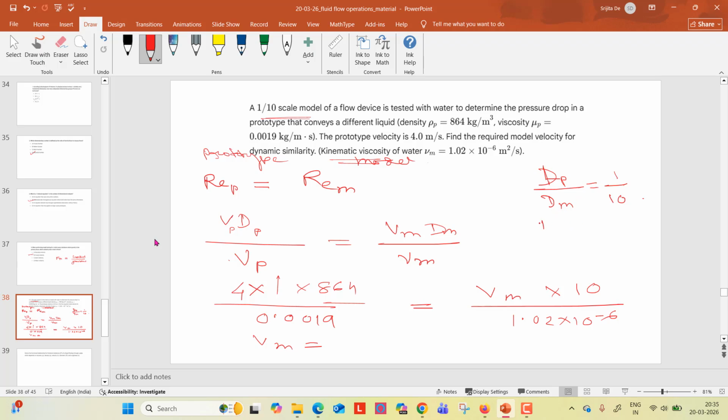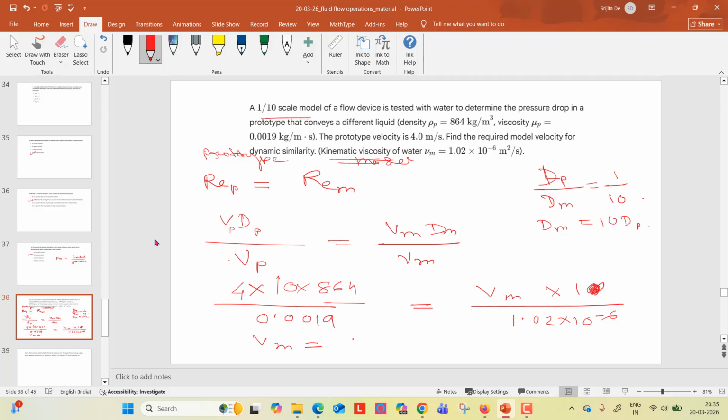That means model diameter is 10 times the prototype diameter, right? So here it will be 10, here it will be 1.